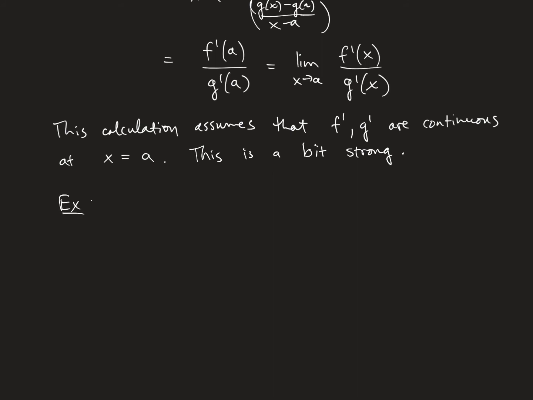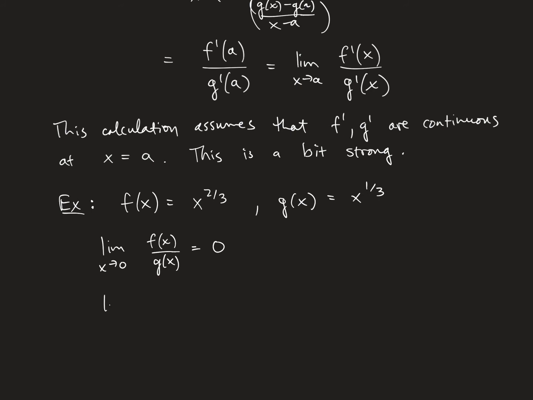So for example, if you take f of x equal to x to the 2/3 and g of x equal to x to the 1/3, then the limit as x goes to 0 of f of x over g of x, you can easily just directly compute that that is 0. And the limit as x goes to 0 of f prime of x over g prime of x, well, you can easily also compute that this is 0.